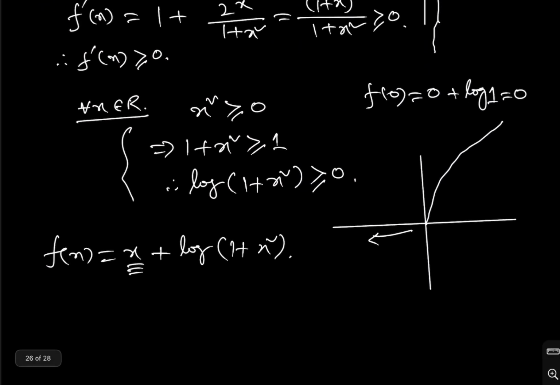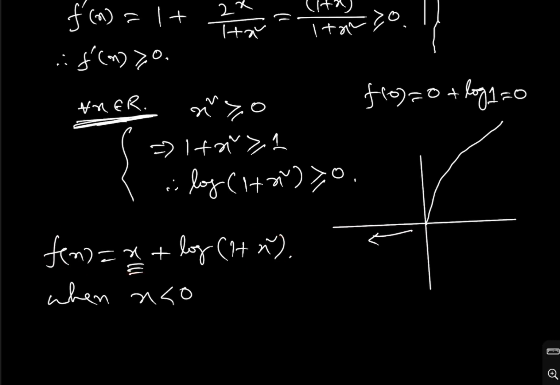We have already derived that for all x in R, x square is greater than or equal to 0, so 1 plus x square is always greater than or equal to 1. As a result, log of 1 plus x square is always greater than or equal to 0. So what will be the resulting sum of these portions when x is negative?